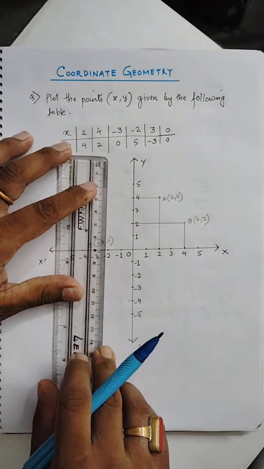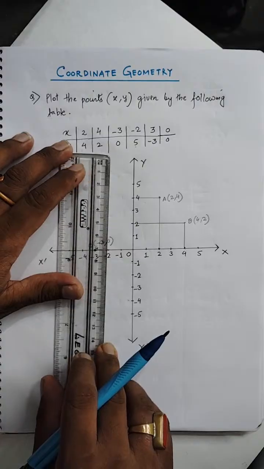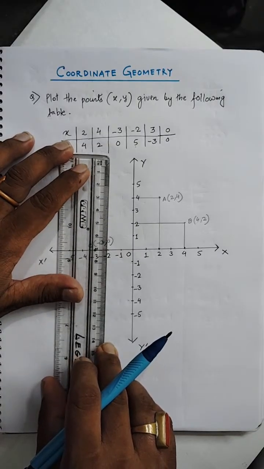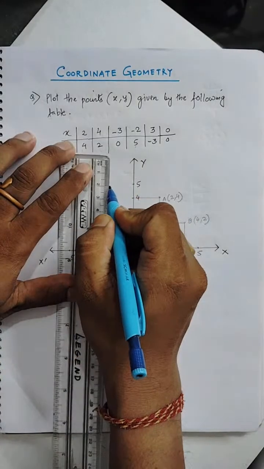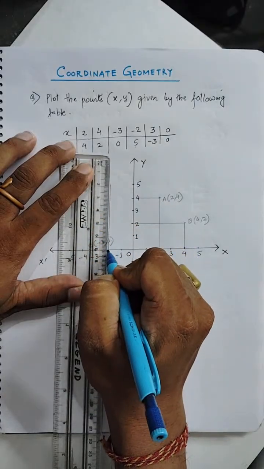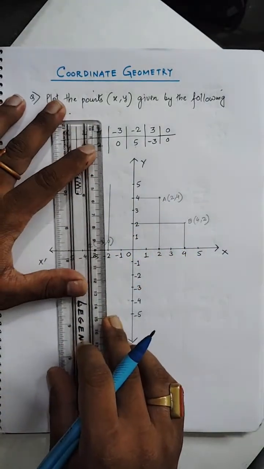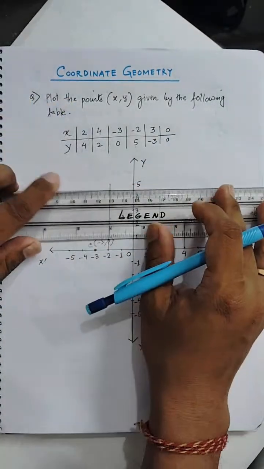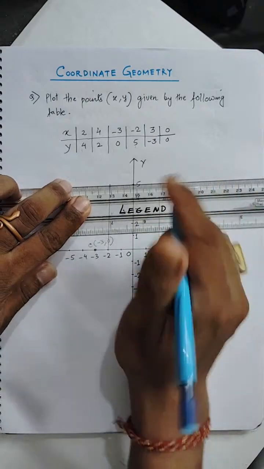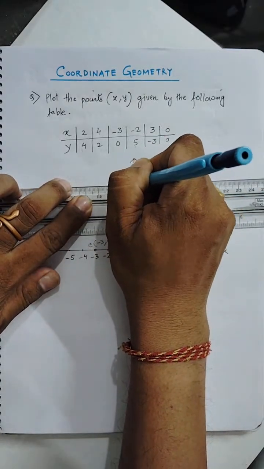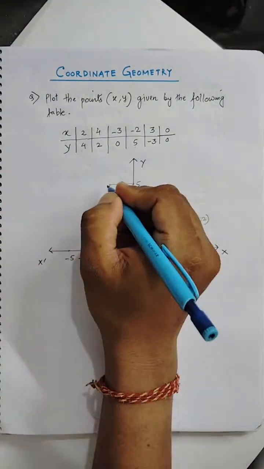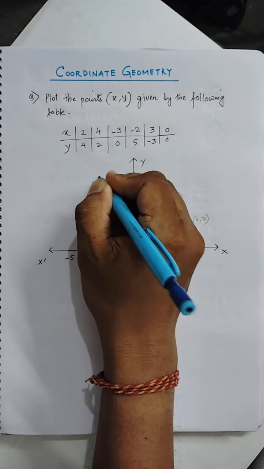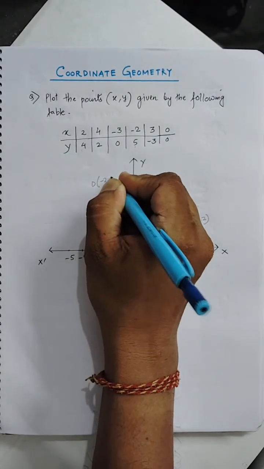So we will place the ruler parallel to the y axis. Okay. So this is point D, -2 and 5.